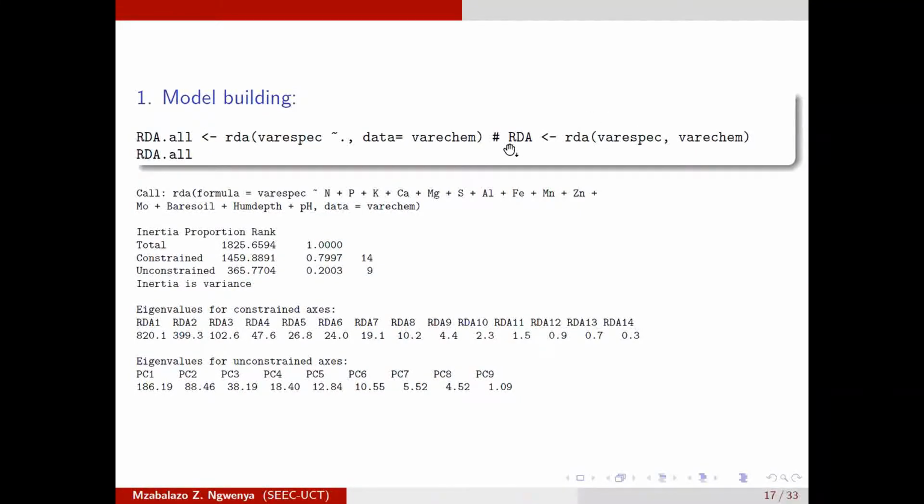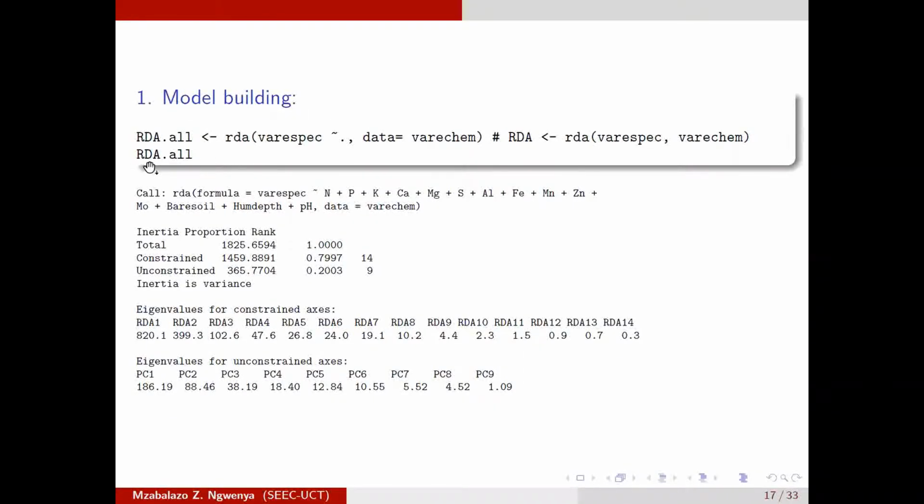But if you perform your RDA in this form, some of the functionality for the analysis is not available. So it's always best to do it via the formula expression.